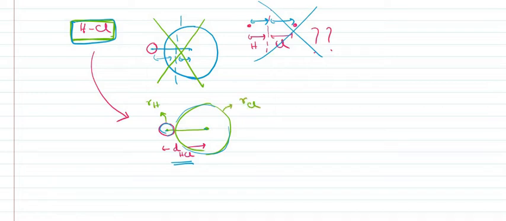Okay, remember one formula, the distance between HCl is actually R of H plus R of Cl minus 0.09 into the electronegativity difference between these two.